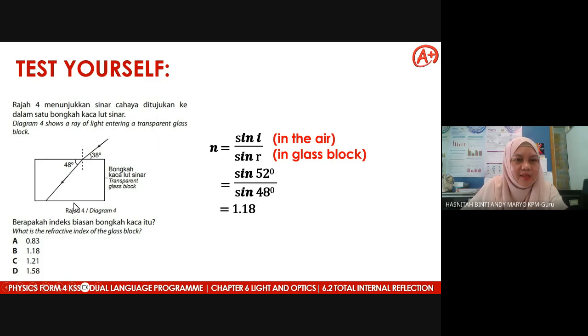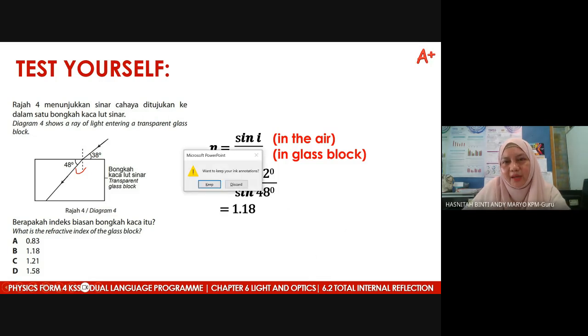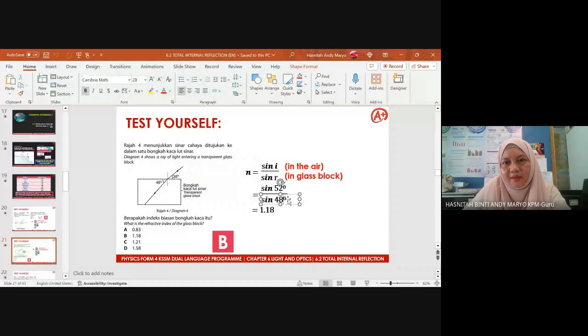What is the angle here? 90 minus 48, which is 42. So here should be sine 42. Okay, I make a correction there.